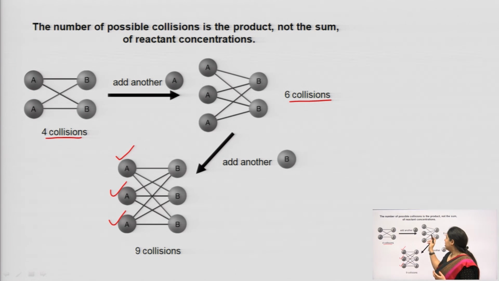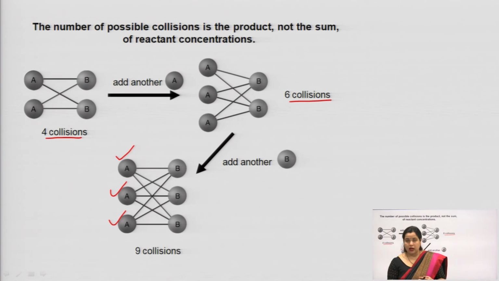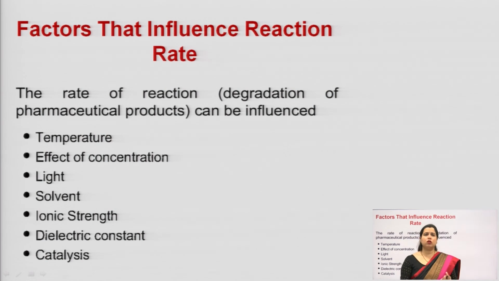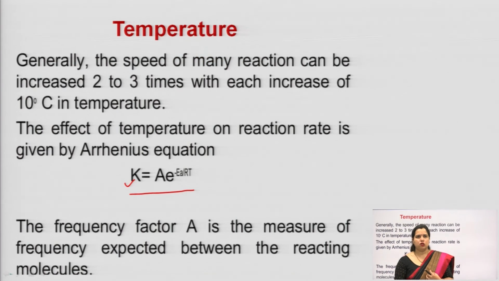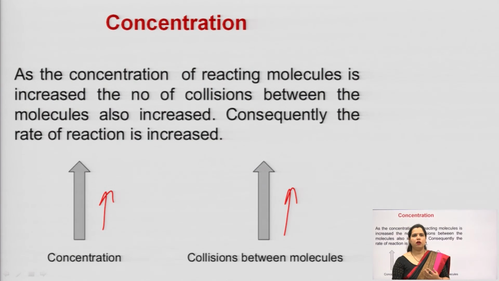So, if we add another particle, the number of collisions with each other will increase. There are several factors which influence the reaction rate: temperature has a directly proportional relationship with the rate of reaction, then effect of concentration, light, solvent, ionic strength, dielectric constant, catalysis. They have different effects on the rate of reaction.